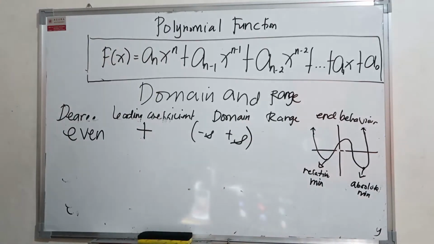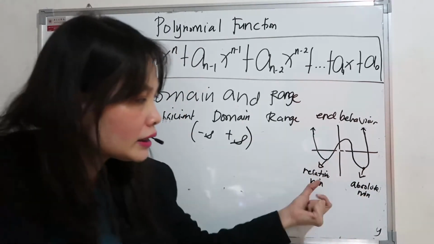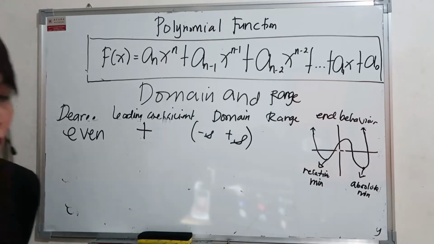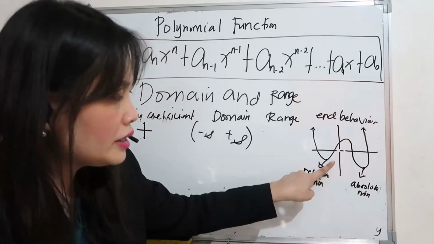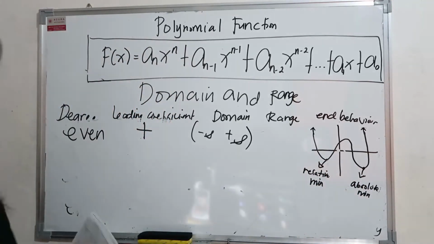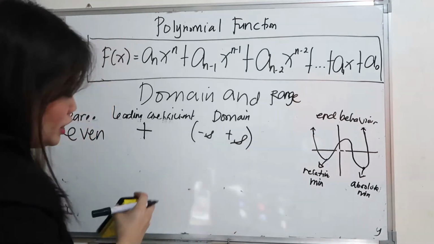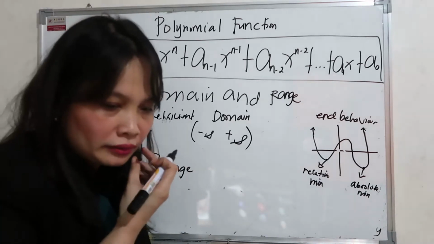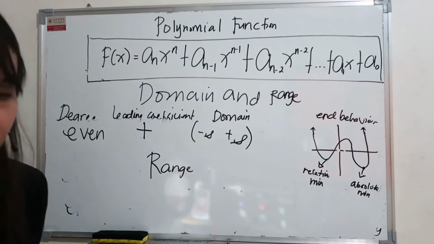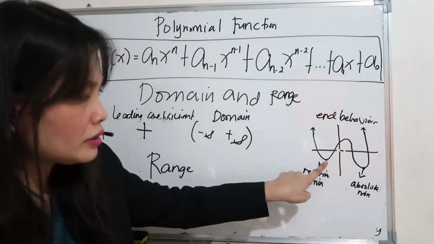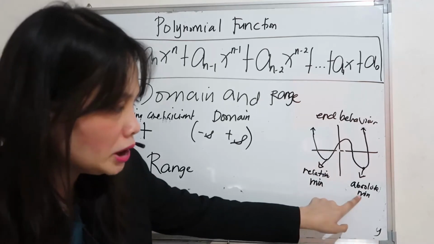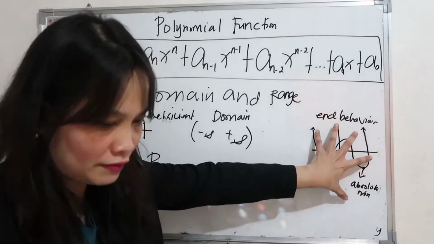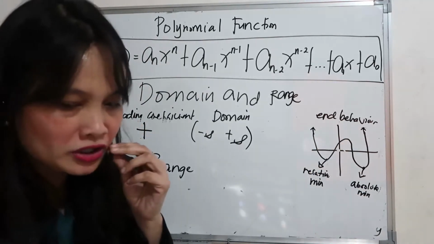What do you mean by absolute minimum and then relative minimum? They are both minimum points. But what do you mean by absolute minimum, based on this graph?